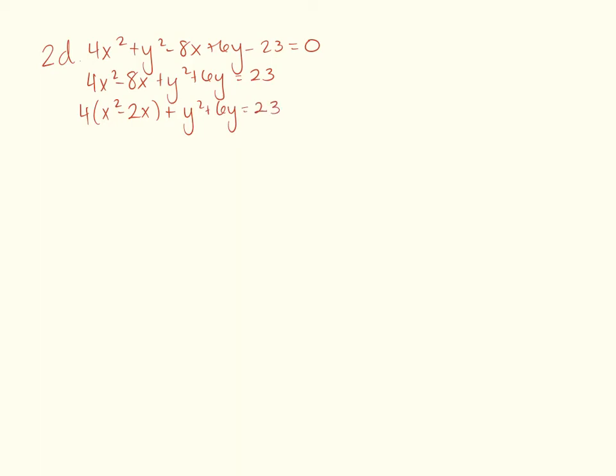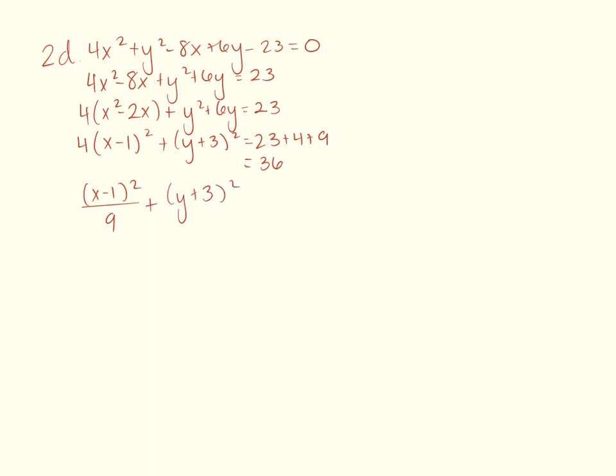And then I'm going to complete the square. So I get x minus 1 squared plus y plus 3 squared. It's 23. 1 squared times 4 is positive 4 plus the other side, and 3 squared is 9, so plus 9. This ends up being 36. So I'm going to divide everything by 36. I get x minus 1 squared over 9 plus y plus 3 squared over 36 equals 1.